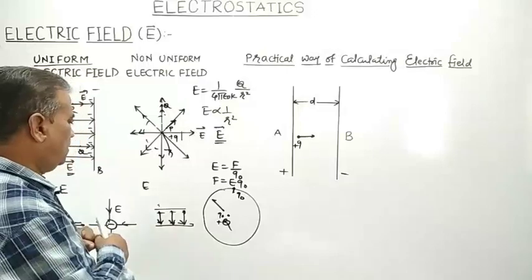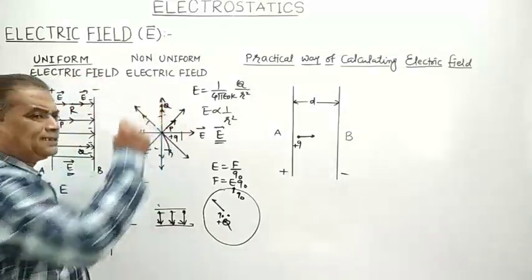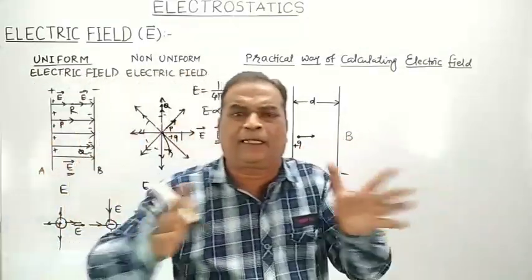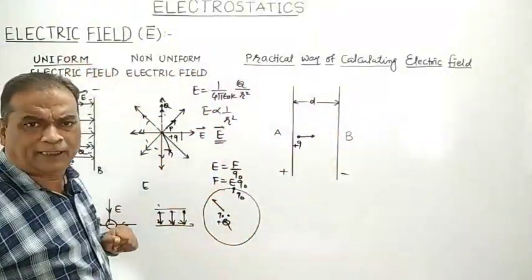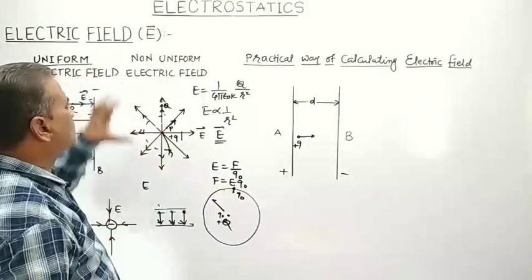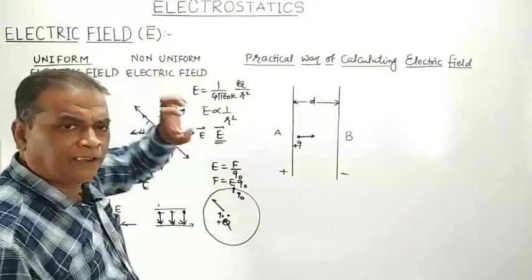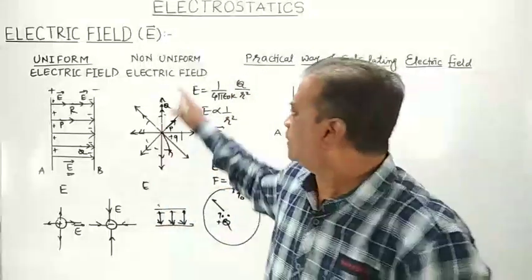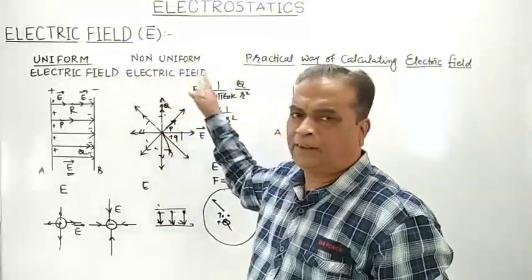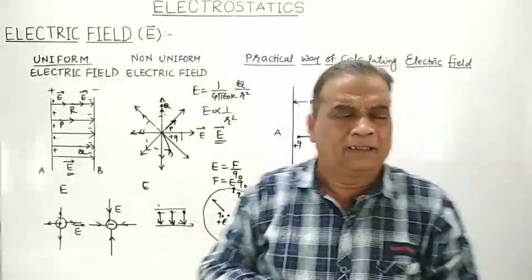And because both magnitude as well as direction of electric field at all the points surrounding a given point charge are not the same, we can conclude the electric field produced due to a point charge is a non-uniform electric field. So do you understand?